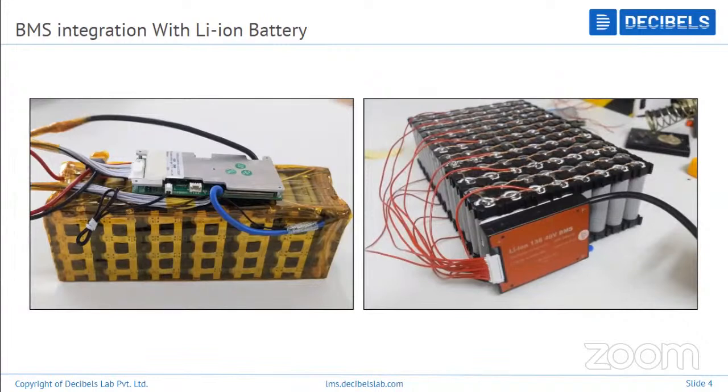So the first one is series. That's nothing but indirectly connected to voltage, right? So if I have a 48-volt battery pack, I would have a 13S series, right? So I would have to connect a 13S series only. Anything above 13S is fine. You can also use 14S.